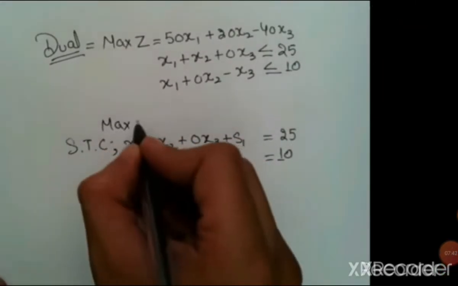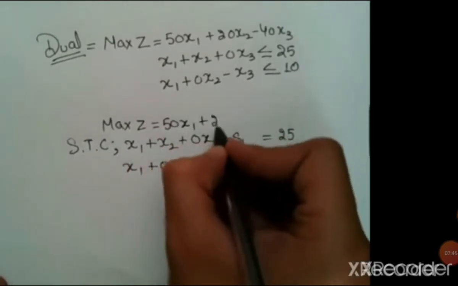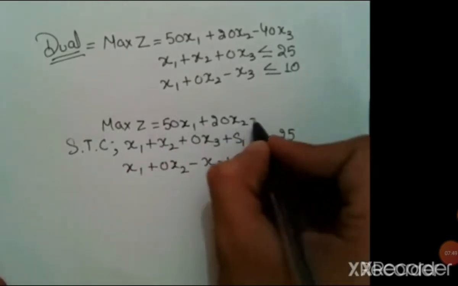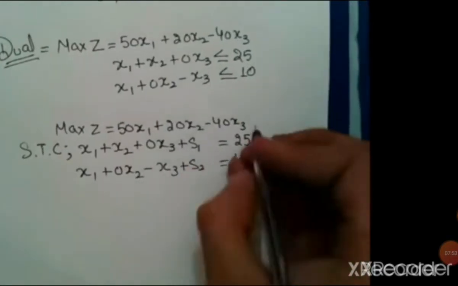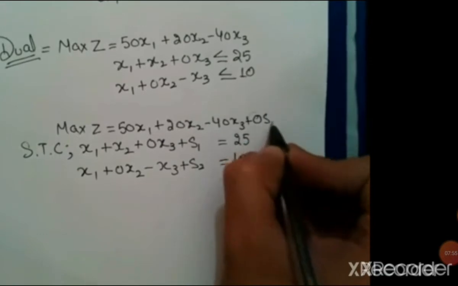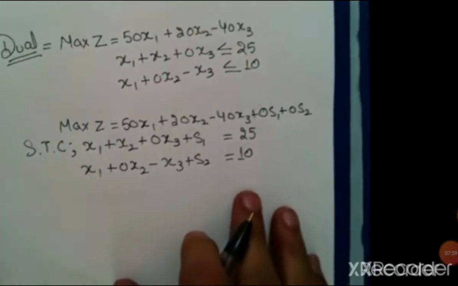Maximize z equal to 50x1 plus 20x2 minus 40x3 plus 0s1 plus 0s2. In this way you can write it.